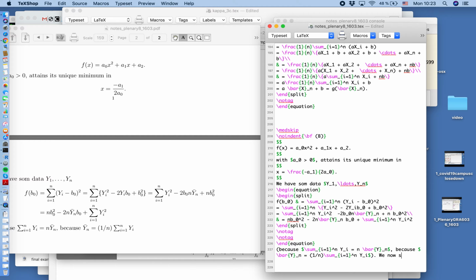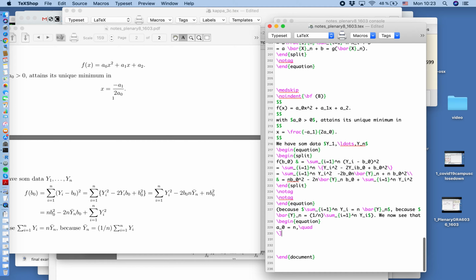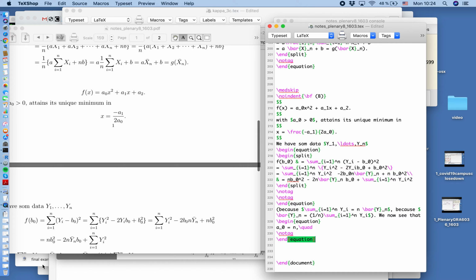So a0 must be n. This is just by comparing these two expressions. a0 must be n, a1 must be minus 2 times n times the mean, because b naught corresponds to the x here.